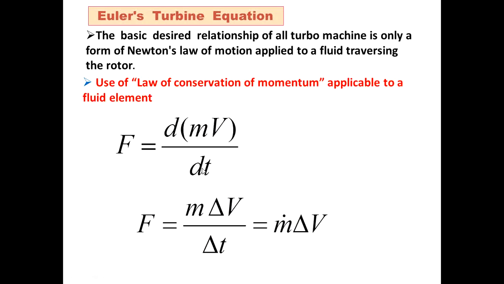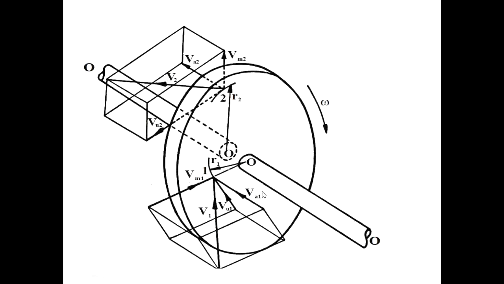See, dV by dt, it is acceleration at constant mass. Mass is not variable, then it will be like m dv divided by dt. But here it is not m dv, why? Because we are taking it as the momentum. So rate of change of momentum is equal to m dot into delta v.